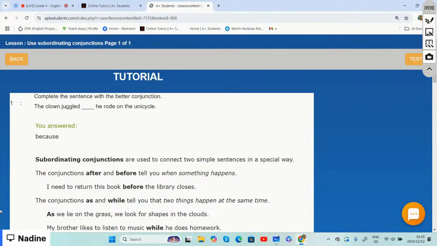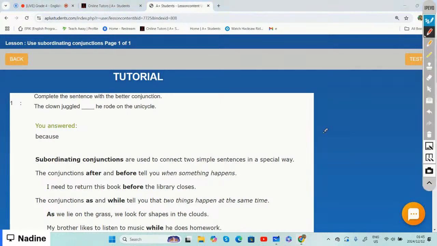All right. So here it says the clown juggled, and we can say while he rode on his bike, meaning that he's doing two things at the same time.